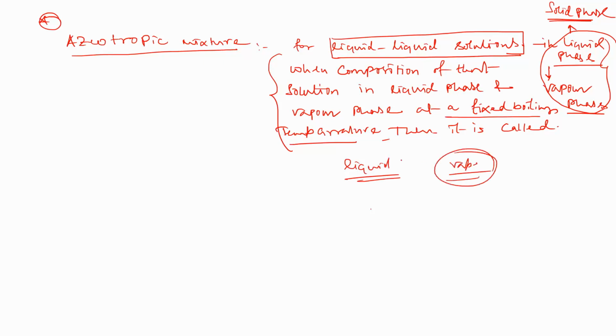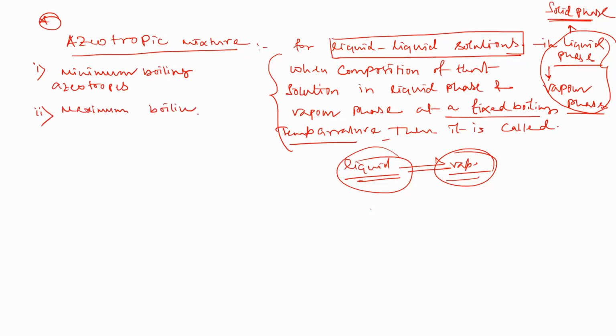So the compositions of the liquid phase and the vapor phase will be the same. Then we can say it is an azeotrope. So there we need a temperature. Depending on the temperature, we can say one is the minimum boiling azeotrope, another is the maximum boiling azeotrope. So there are two possibilities.